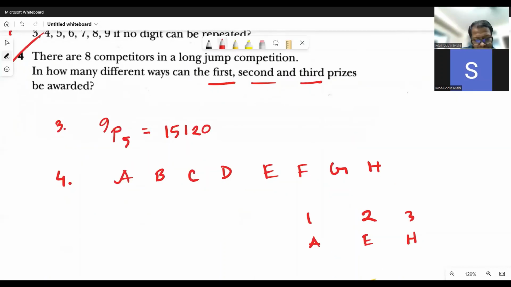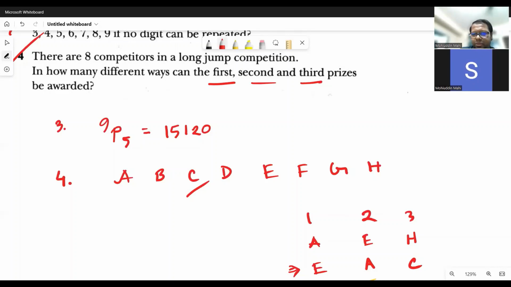And we can also shuffle these prizes among different persons. Like at another time, E can get the first prize, A can get the second prize, and say for example, C is getting the third prize. Okay, so that means it's also related to arrangement.